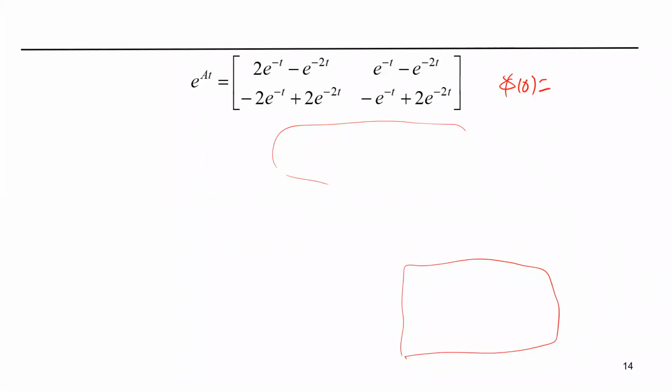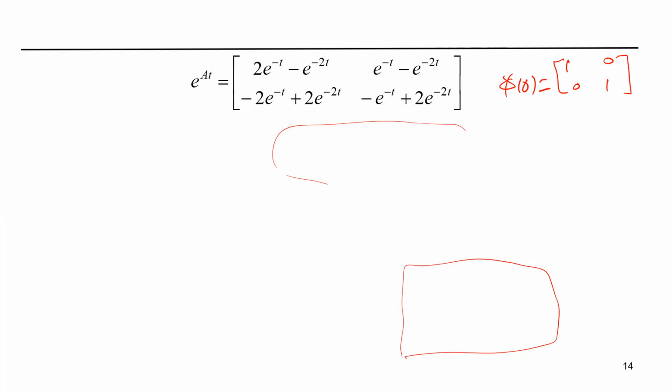What do you get? 1 0 0 1. If you don't get this, it means that you have made a mistake. If it is satisfied, it doesn't mean it is correct, but at least you know you are moving in the right direction.